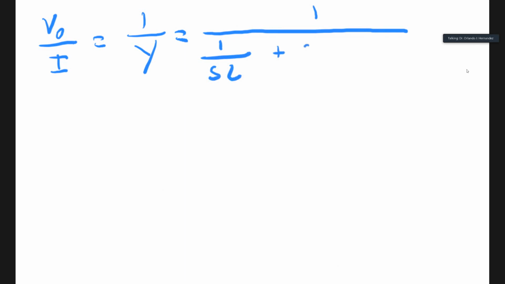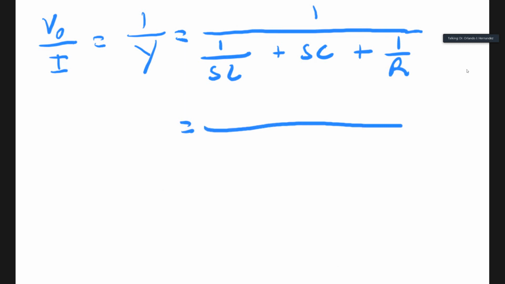For the capacitor it was SC, and for the resistor, since there are no derivatives in Ohm's law, the admittance in the S domain as well is just the conductance, or 1 over R. Okay, so we can massage that a bit, and we come up with our second order Laplace transform of that resonator.